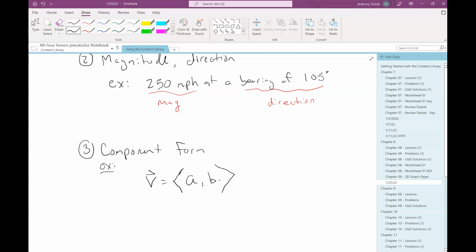Now, typically when we say component form, what we really mean is the standard representation of a vector in component form.